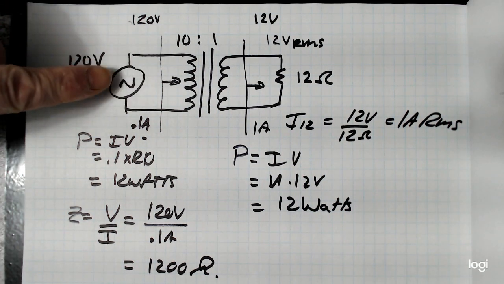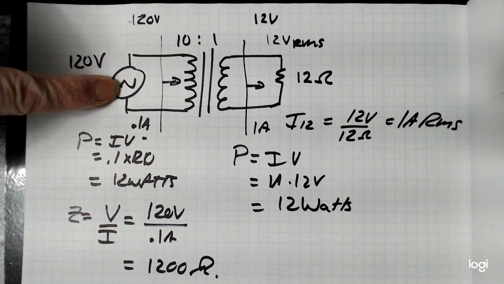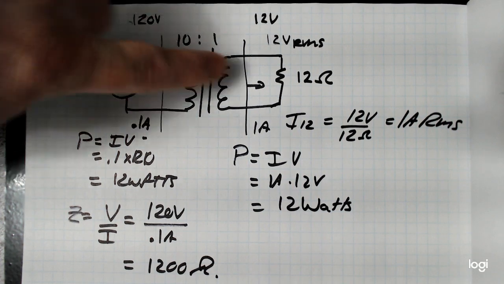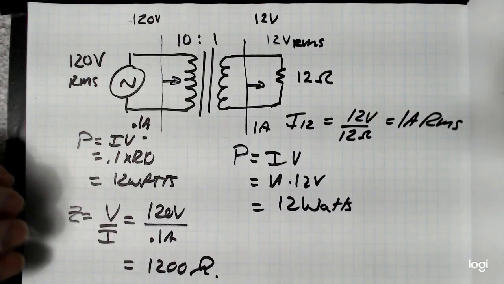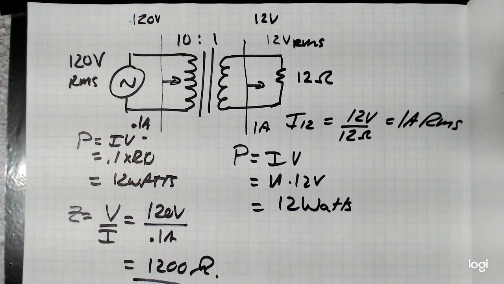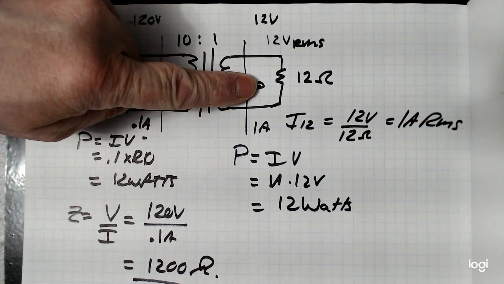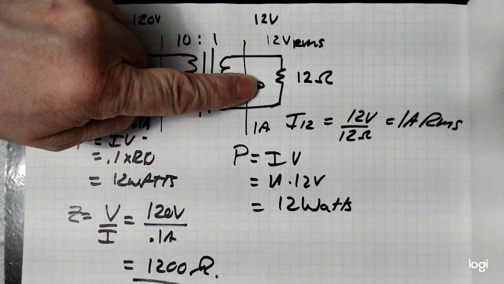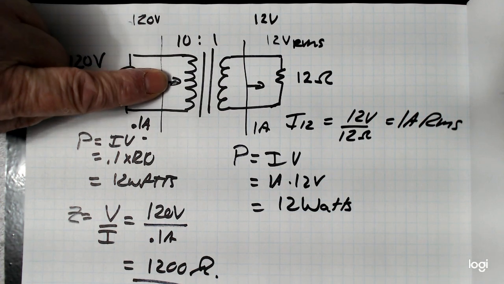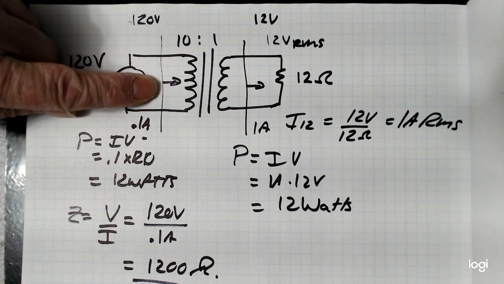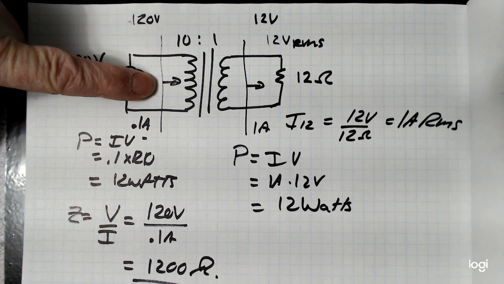So as far as this voltage source is concerned, he does not have 12 ohms attached to him. He has 1200 ohms attached to him. So the 12 ohm resistor, when we look at it from this point on the circuit looking that way, we can see it as a 12 ohm resistor, but when it's reflected across the transformer, it gets converted into a 1200 ohm resistor, so it's being seen as a different resistance when it's looked at from a different point in the circuit.